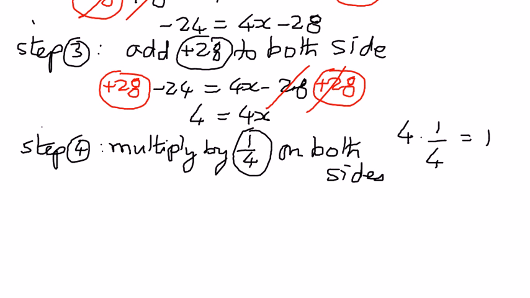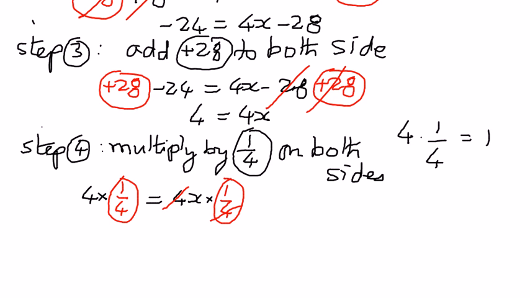How do we get that? 4 times 1 over 4, like that, is equal to 4x times 1 over 4, like that. So the 4 in the numerator and 4 in the denominator cancel out, leaving us with x equals to 4 in the numerator, 4 in the denominator cancel out, leaving us with 1.